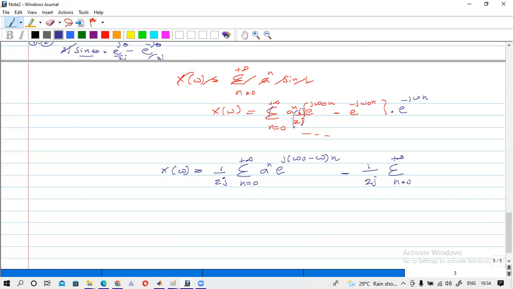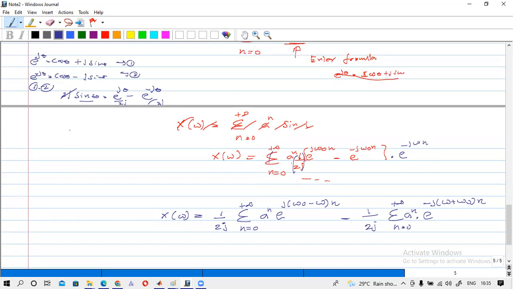Now I have a to the n again, and e to the minus j omega naught n minus j omega n. So if I take out minus j, it should be omega plus omega naught, because this is minus omega naught and here minus omega. So I get minus out, and it should be omega plus omega naught, and then I have n. Correct? I think now we can get the answer.